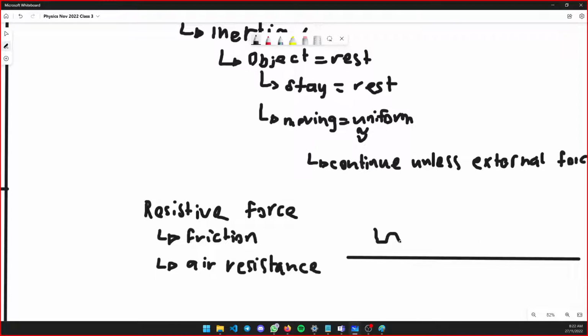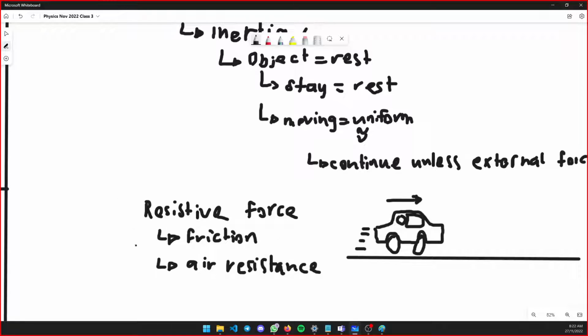A car will have, excuse my poor drawing of a car. Okay, this is the car. It's going really fast, straight forward.